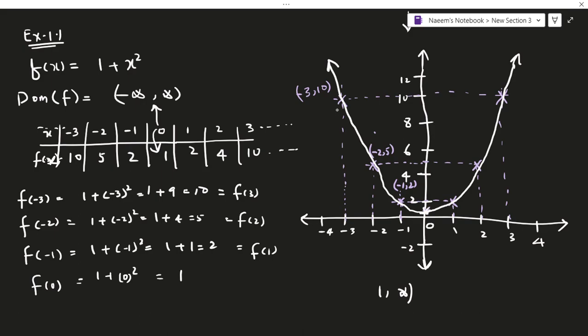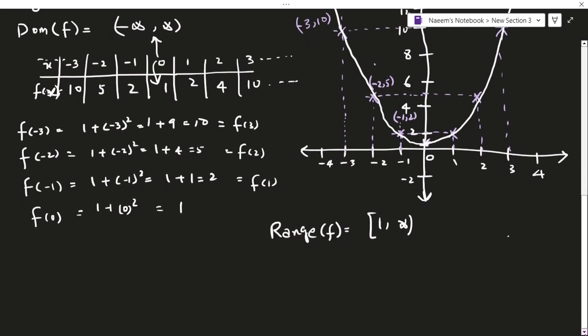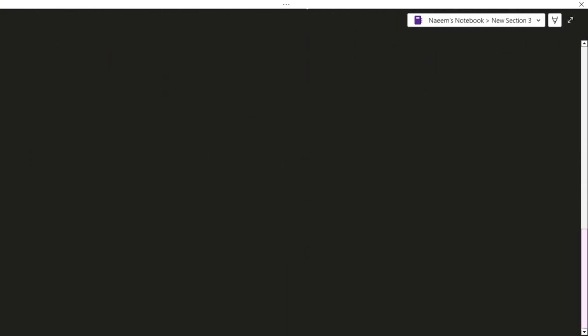If this point is included in domain, the value obtained from f of x will be included in the range set. So to find the range, actually you need the graph of a function.